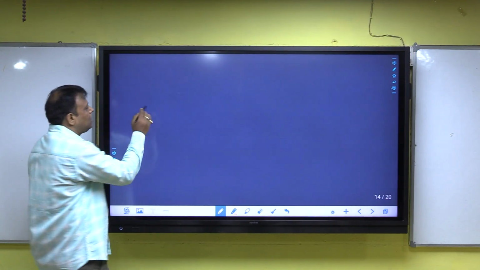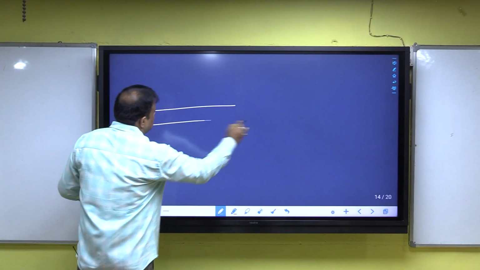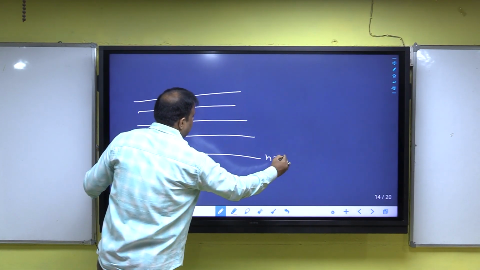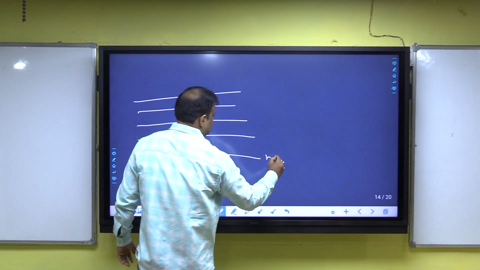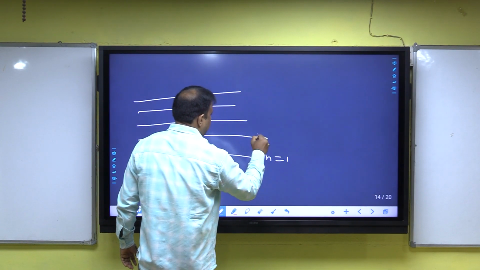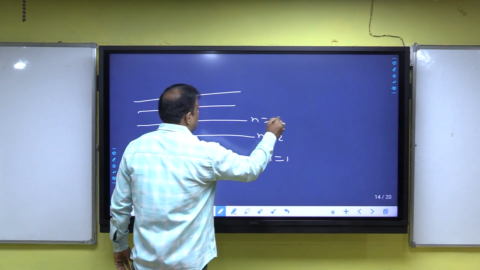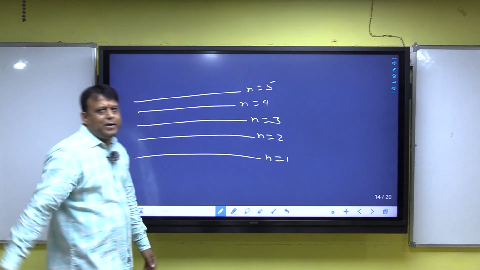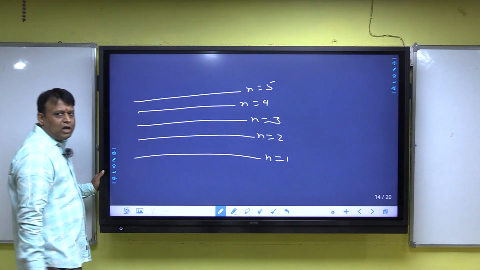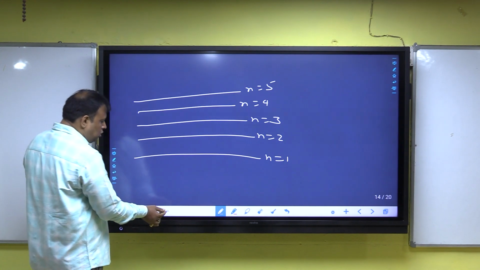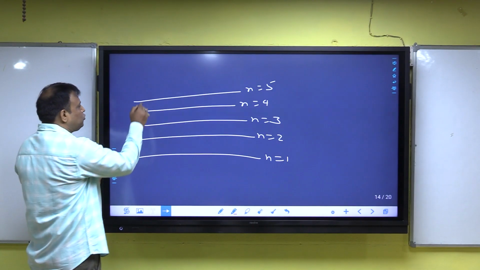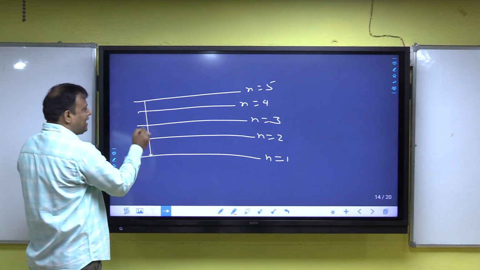Explanation of the formula. There is the first orbit, second, third, fourth, and the fifth orbit. When the electron falls from the fifth orbit to the first orbit, that is one line.